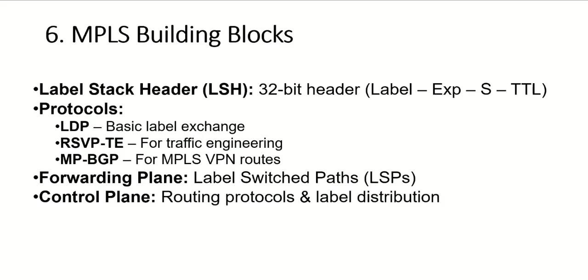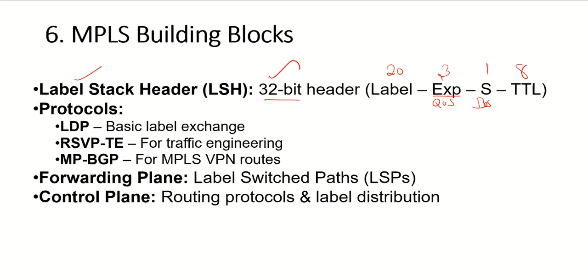Now what are the building blocks of MPLS? What is all needed for MPLS? First is the label. The label stack, I told you, is a 32-bit header, and the 32-bit header has these four sections: 20 bits of label, 3 bits of QoS, which you can also call experimental bits, 1 bit of bottom of stack, and 8 bits of TTL.